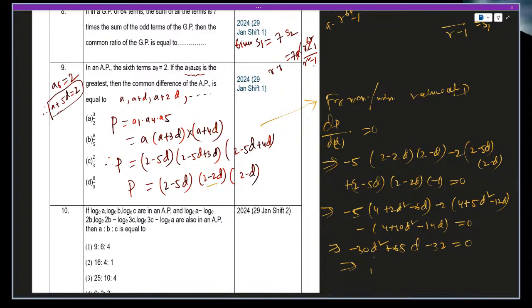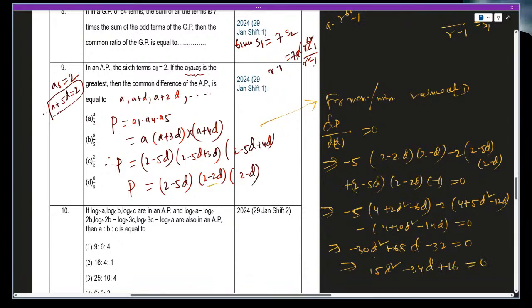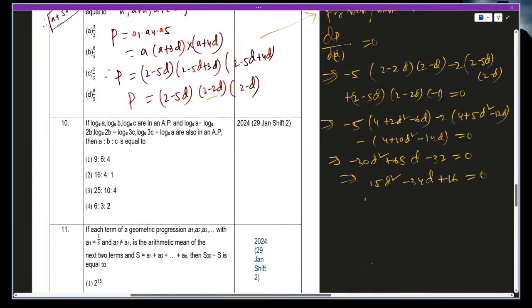That is 15d square, I just divided by 2. Check, check. Minus 24d minus 10. Sure. Yes, sir. So 15d square.